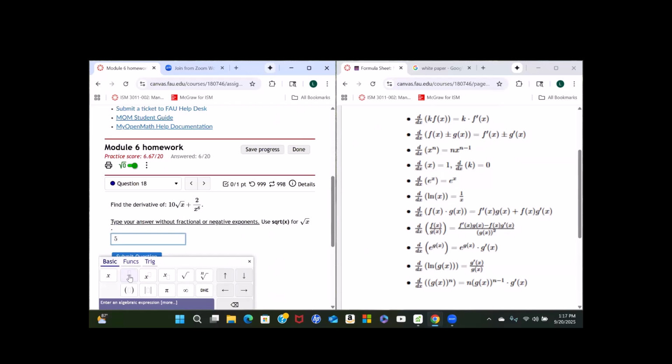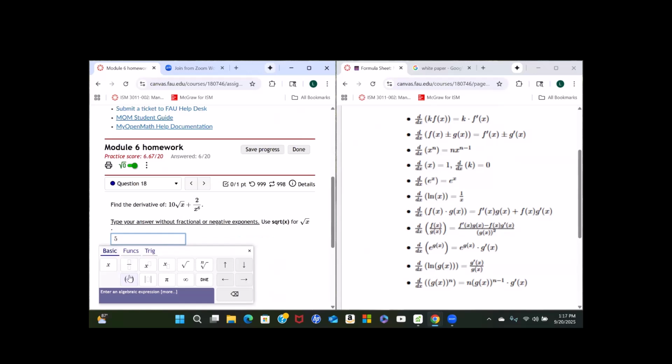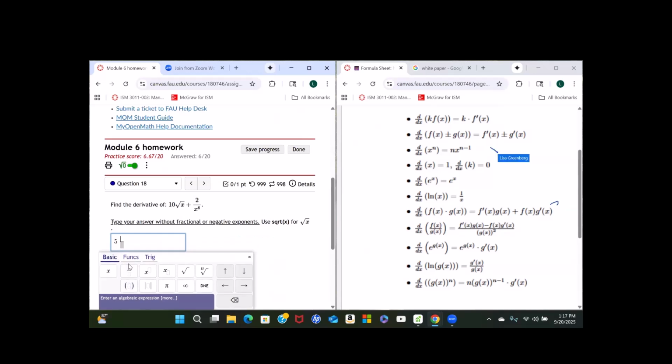I was not understanding where the n went. If I have x to the 1/2 power, and it's in this form, are you with me?